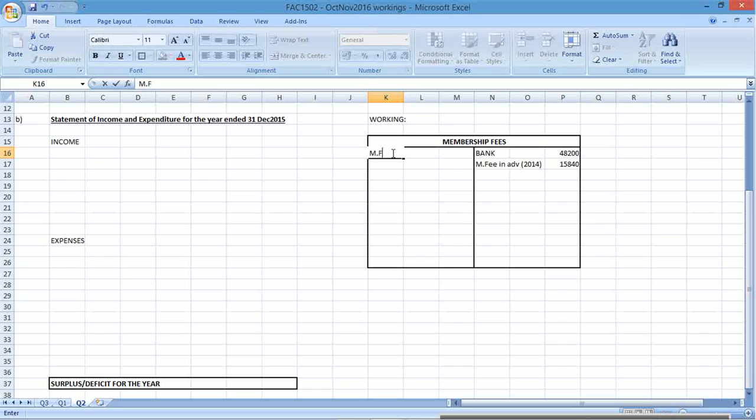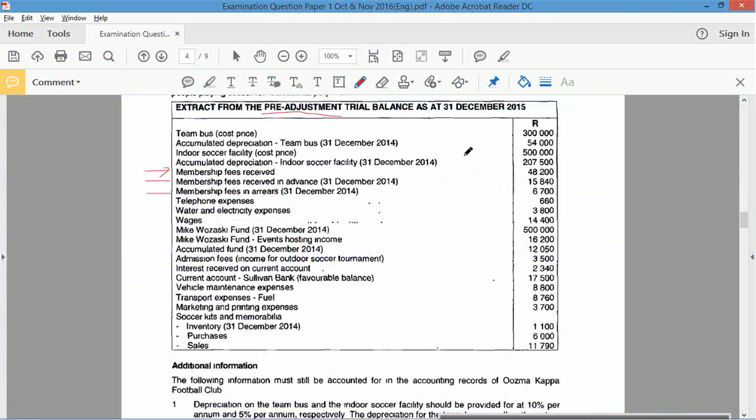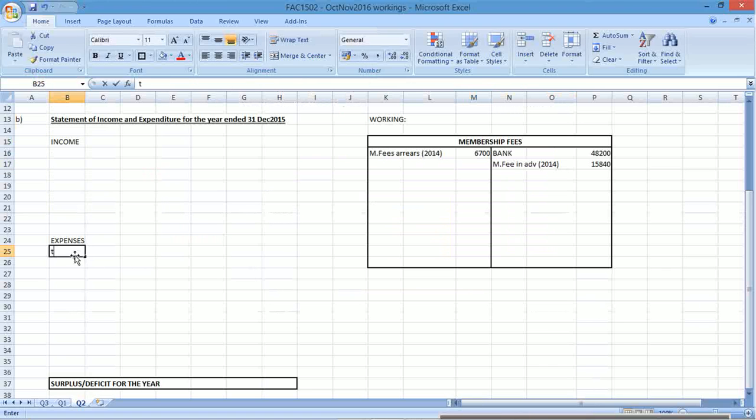M fees arrears is basically your accrued income. Arrears, 2014, that's last year's accrual. Last year's accrual is this year's reversal, which is how much? 6,700. Great. Next, telephone expenses, that's an easy one, it goes here. Amount.